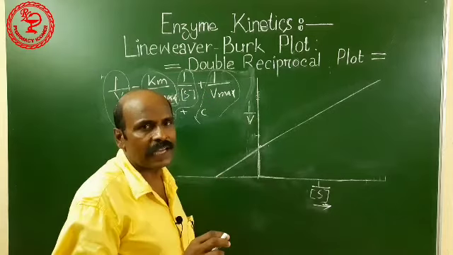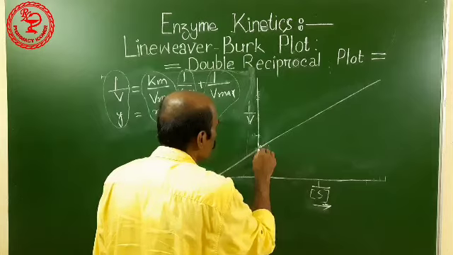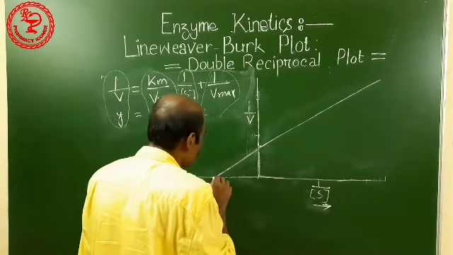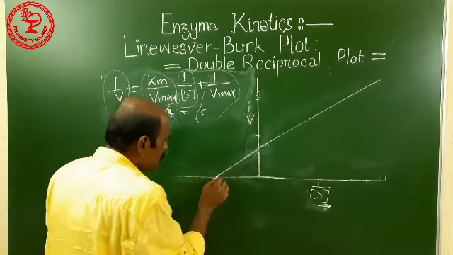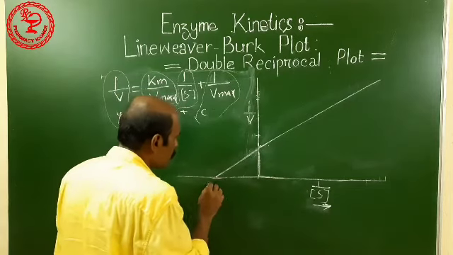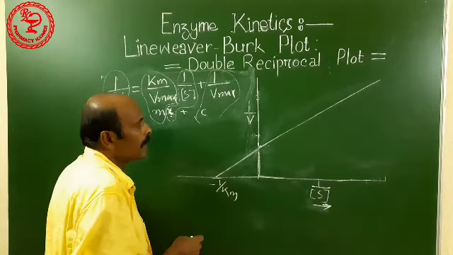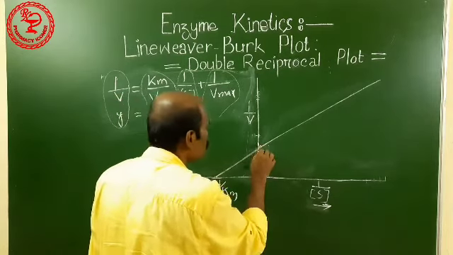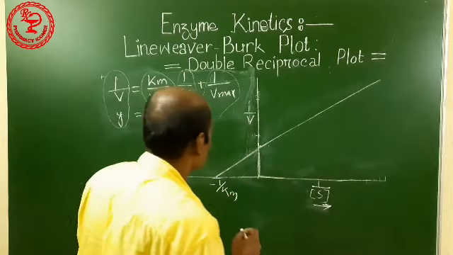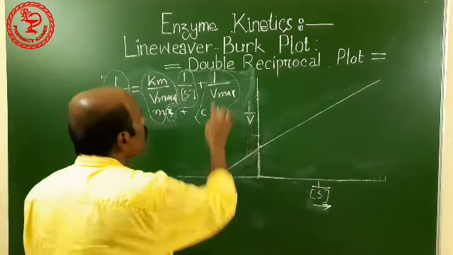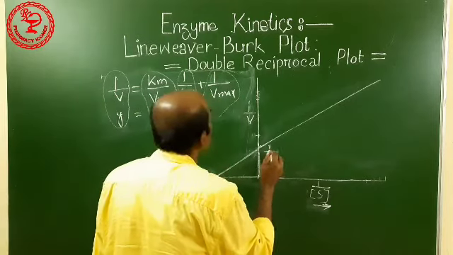As it is a straight line, it will intersect both the y-axis and the x-axis. The point on the x-axis will be minus 1 by Km, and the point where the graph intersects the y-axis is the c, 1 by Vmax.